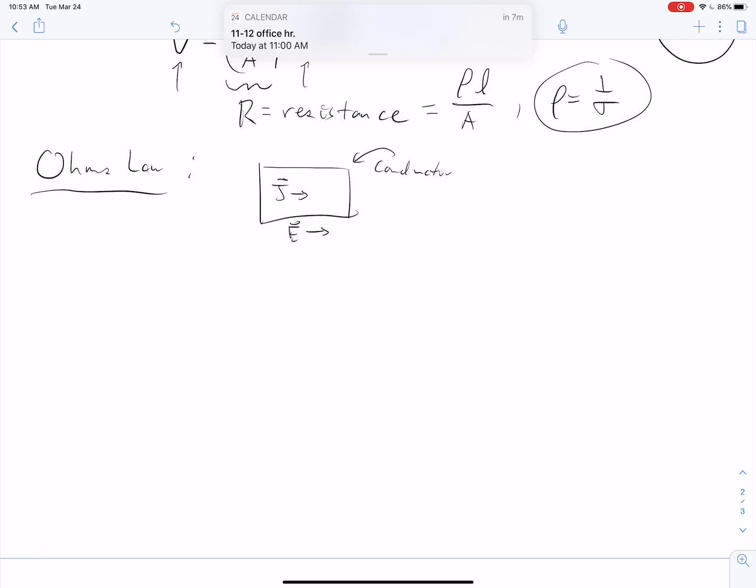And there's a very simple relationship: J is related to E. J equals sigma E. So wherever I have a J, I have an E.